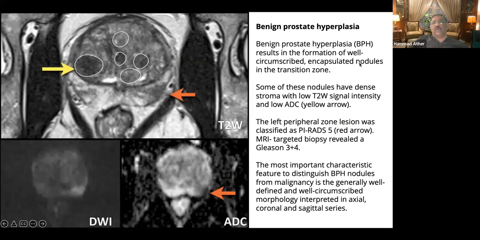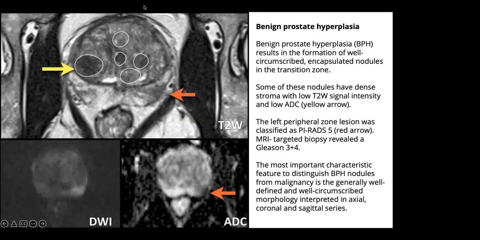Okay, so some words, Basit, about the BPH and the transition zone and the BPH nodules. Yes. One thing which most radiologists find challenging is differentiating changes of BPH from a lesion in the transitional zone. For identifying BPH, we usually see changes of BPH in the transitional zone.